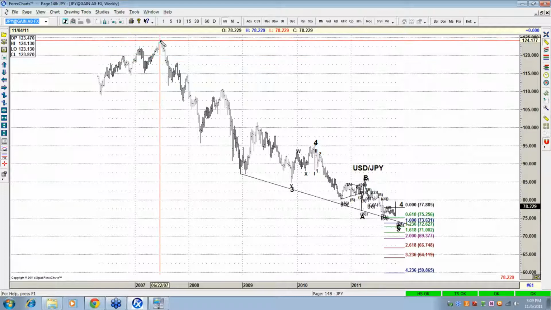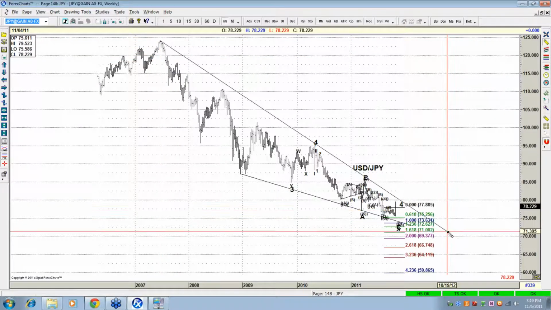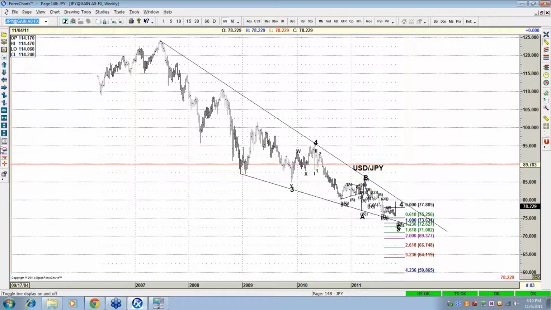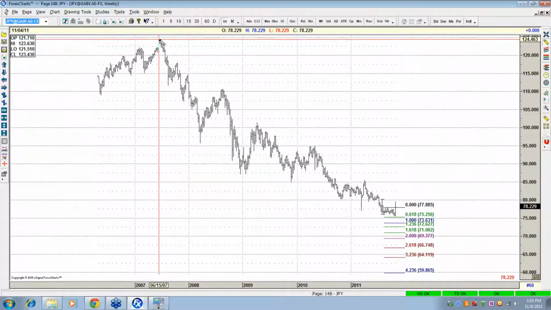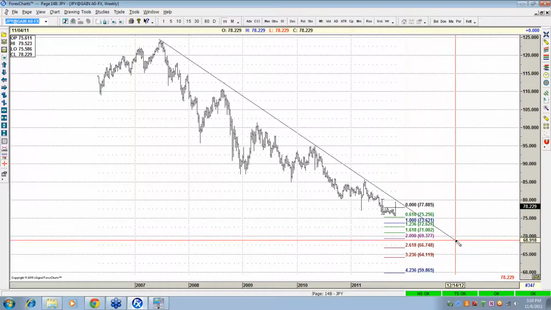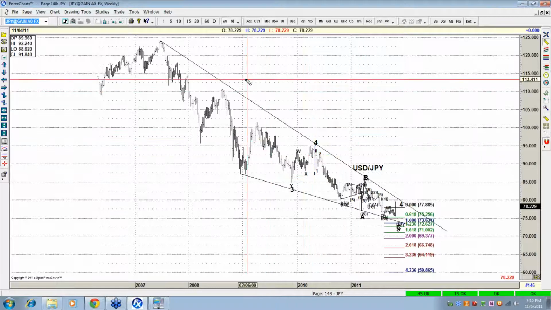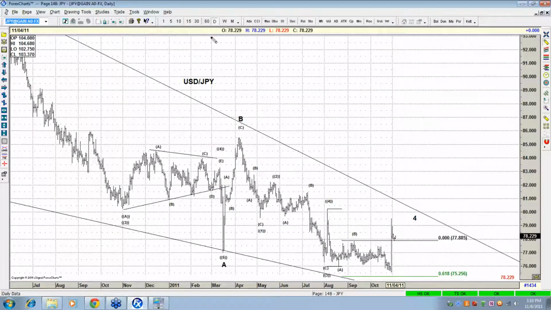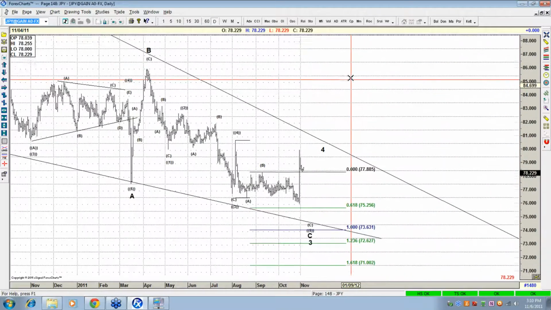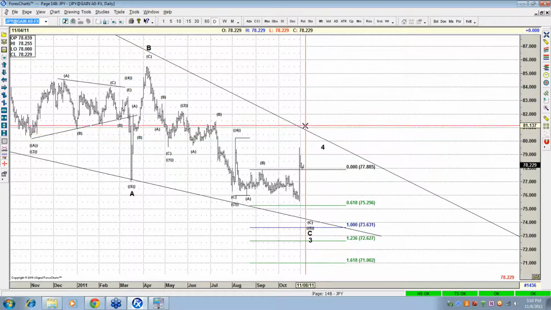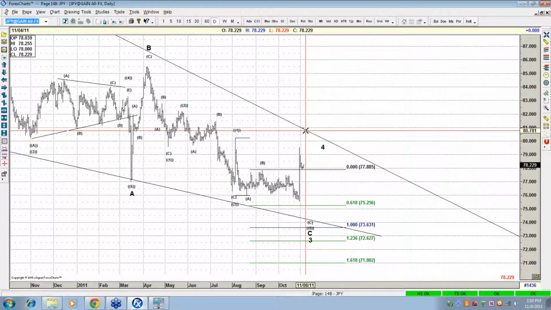And the dollar yen should get, look, that's the trend line right there. One second. The trend line comes around this area, Ed. As of today, it comes around 80.75.